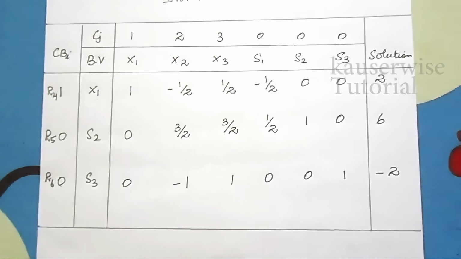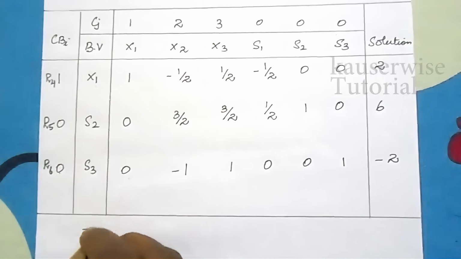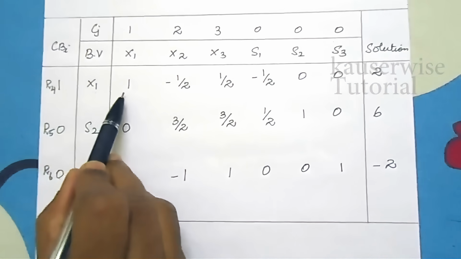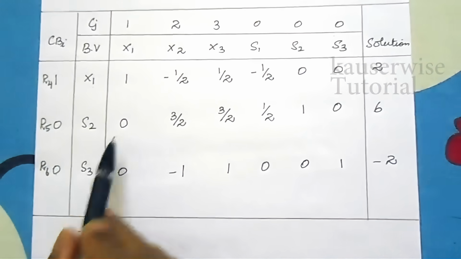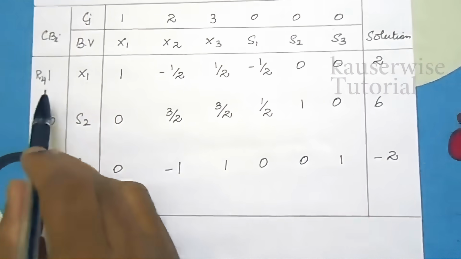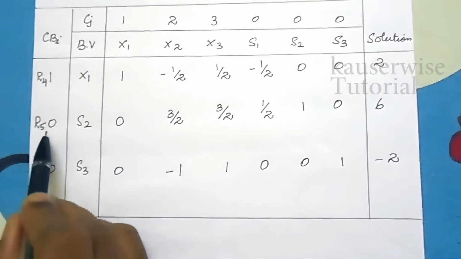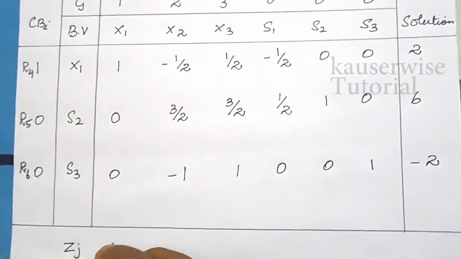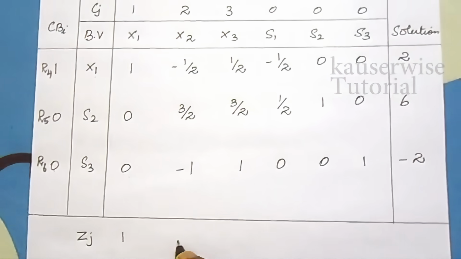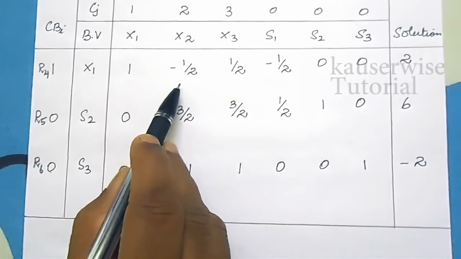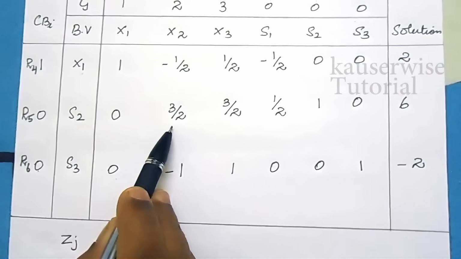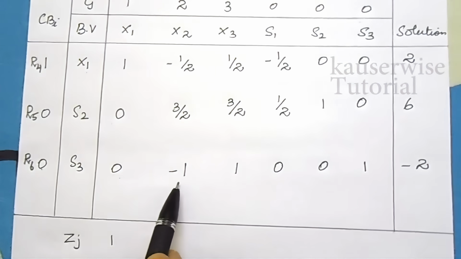Now we need to find Zj. For Zj, take the first value, this into this plus this into this plus this into this. So 1 into 1 plus 0 into 0 plus 0 into 0 is equal to 1. In the same way, for the second value, 1 into minus 1 by 2 plus 0 into 3 by 2 plus 0 into minus 1.